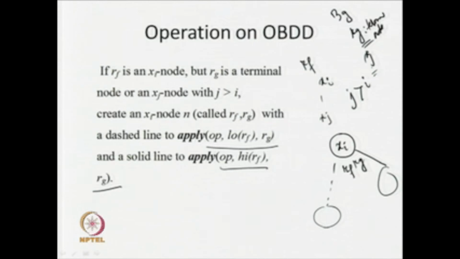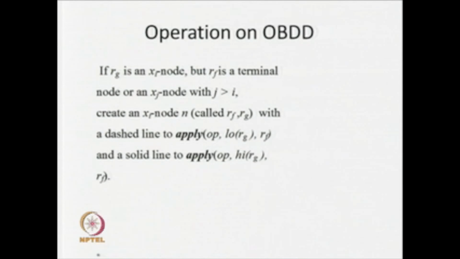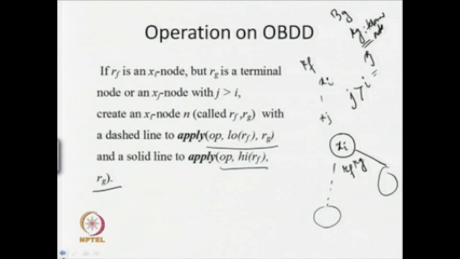So, this is the second scenario, and the third scenario is when I am saying that RG is the xi node, but RF is a terminal node or xj node where j is greater than i. So, this is basically, if you see, symmetric to this particular condition only, but now the situation is different.